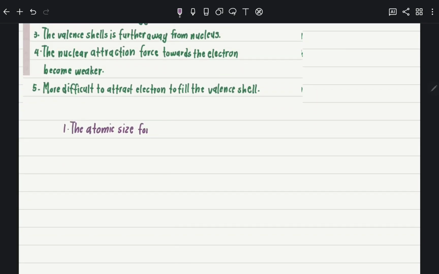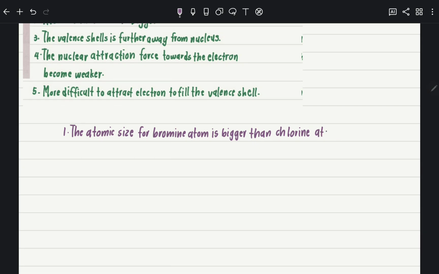The atomic size for bromine atom is bigger, or you can say larger than chlorine atom. When you are doing reactivity comparison, make sure you show the comparison in your sentence with the usage of than, or more than, something like that. Alright, so that's the purpose why we teach you this.